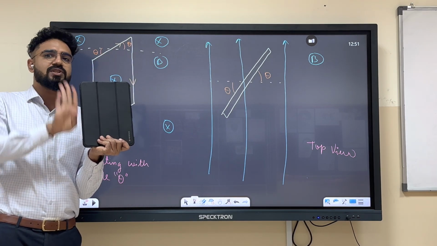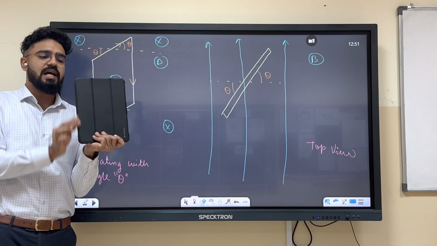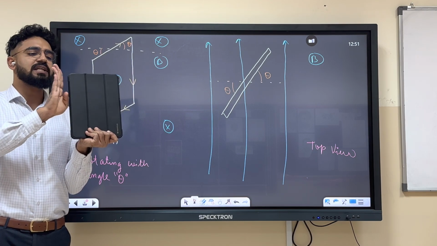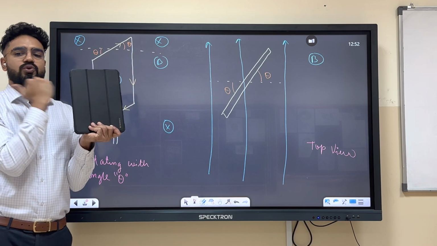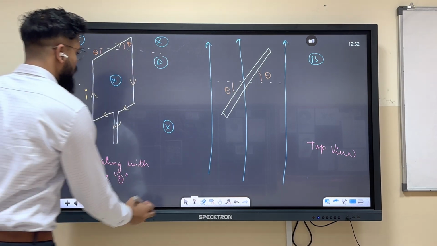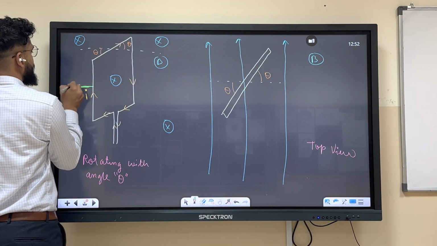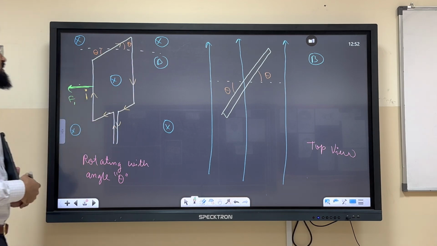So on this side I is in this direction, and B is inside. So with I in this direction and B inside, on this arm the force will be in which direction? Over here. Okay, force 1 is in this direction.